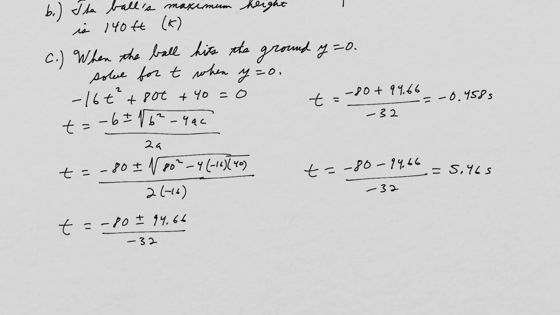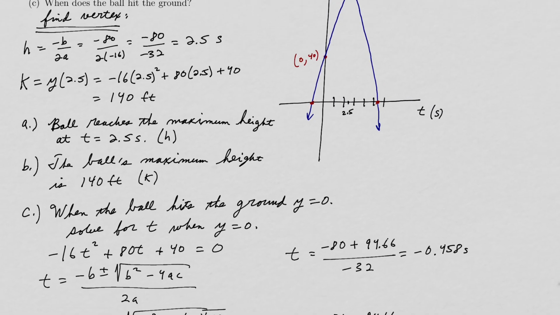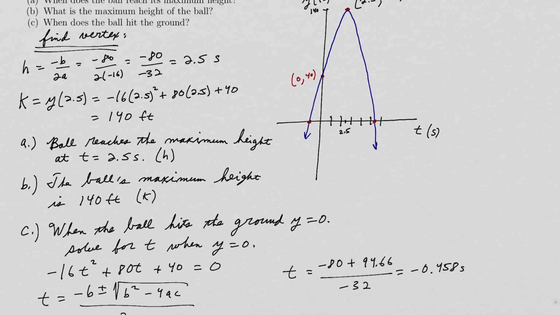And that's the one we want, right? Remember, if we go back to the picture of the parabola here, this solution was the negative 0.458 seconds. That's like backwards in time. It doesn't physically make any sense to choose that one. We want this one, right? It was thrown at 0 seconds, and when does it hit the ground? It hits the ground at some positive time, and it was the positive solution that we got, 5.46. But you can see where both of them come from, right? I'm just solving the quadratic equation.